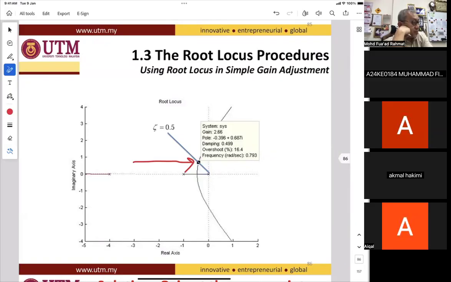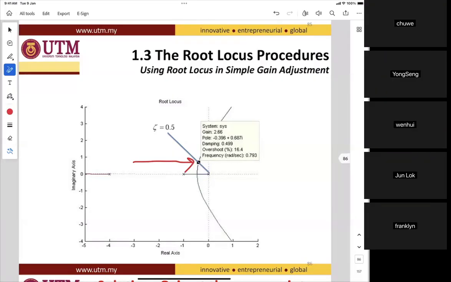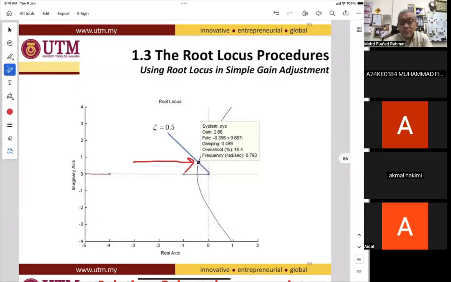Negative 0.396 plus 0.687 imaginary. Imaginary J. J, 0.687. So that is the dominant pole. Okay. What is the gain value at the dominant poles? Akmal Hakimi. Gain value 2.66. Dominant poles negative 0.396 plus J 0.987.